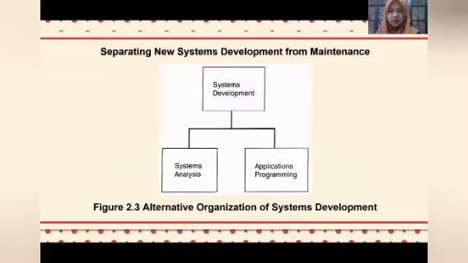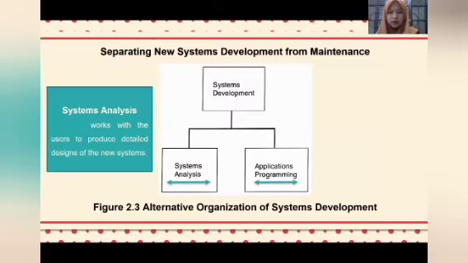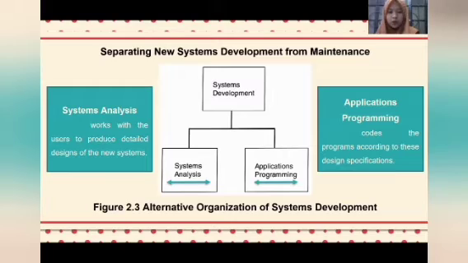Separating new systems development from maintenance. Some companies organize their in-house systems development function into two groups, the systems analysis and the applications programming. The systems analysis group works with the users to produce detailed designs of the new systems, while the programming group codes the programs according to these design specifications.